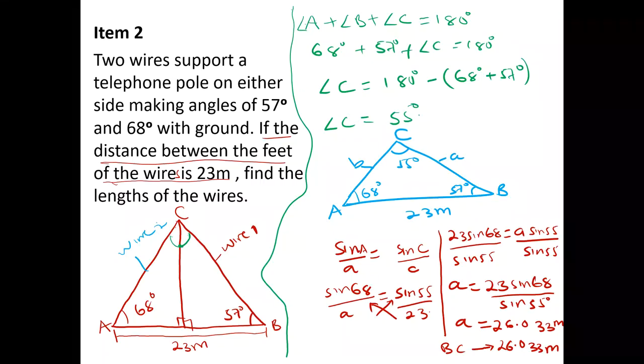So the first wire that makes an angle of 57 with the ground is 26.033 meters. That is the length of the first wire.